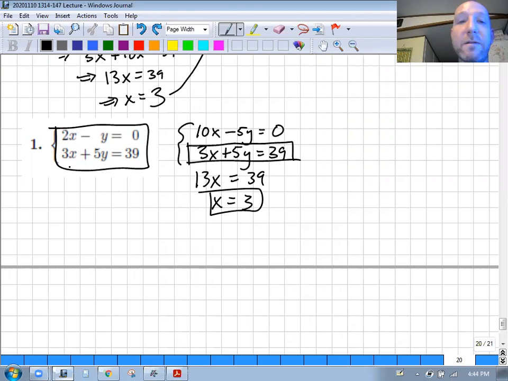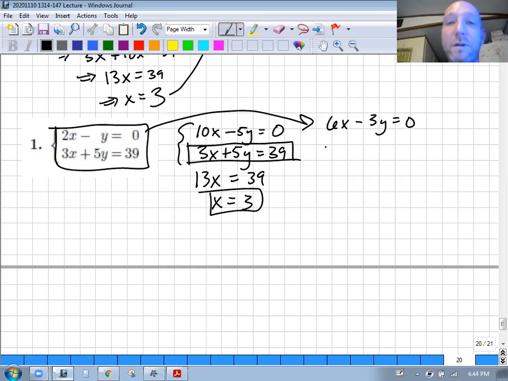Let's see here. If we want to get rid of the x's instead, if I multiply the first one, everything by 3, I get 6x minus 3y equals 0. And if I multiply the bottom one all by 2, I get 6x plus 10y equals 78.